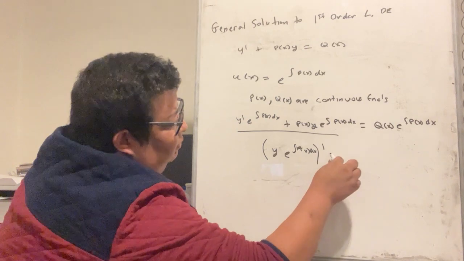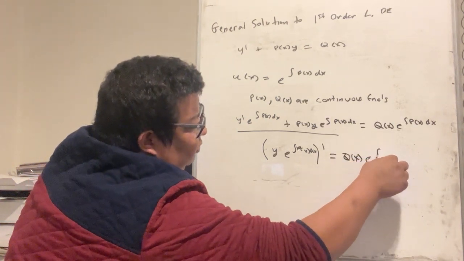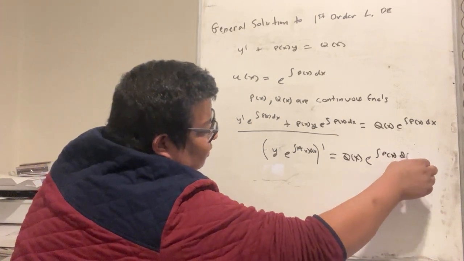Okay, so now the right side stays the same: q(x) e to the integral of p(x) dx.